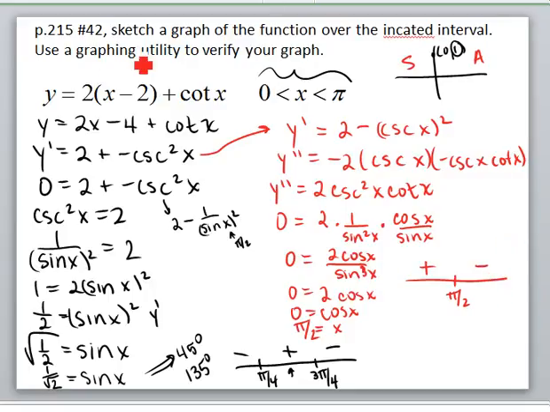This is just a sketch. It doesn't ask me to find intercepts or any of those other things. So I will not find those. There are no vertical asymptotes, there's no horizontal asymptotes, and none of those things. And I'm only talking about from 0 to pi, so that's only part of the graph I'm going to make.